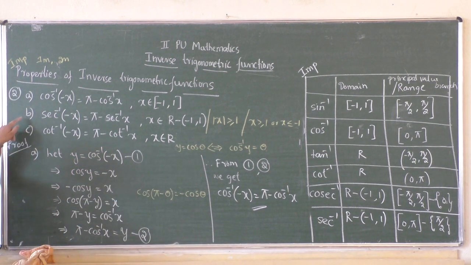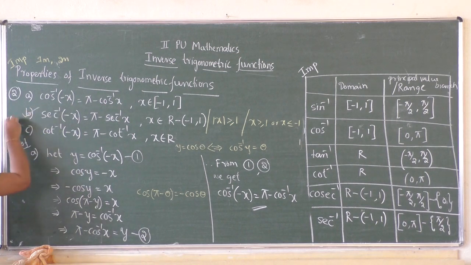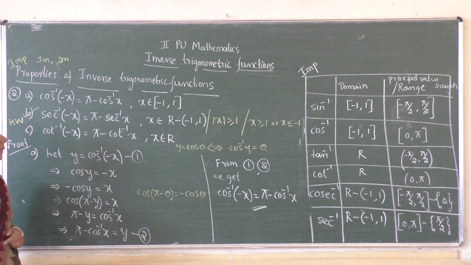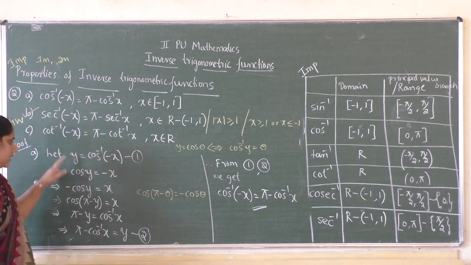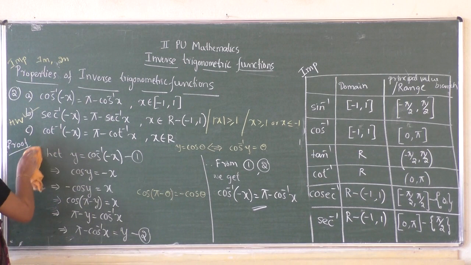Similarly, we have to prove B and C. Second one is homework for you. I will do the third. Second one you have to prove, that is sec inverse of minus x equal to pi minus sec inverse x. Similar kind of proof.